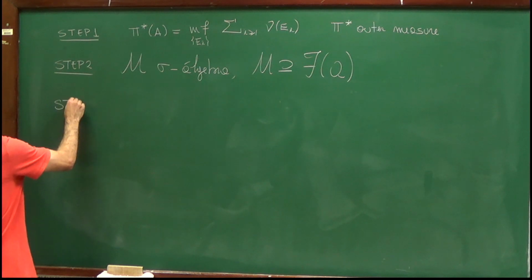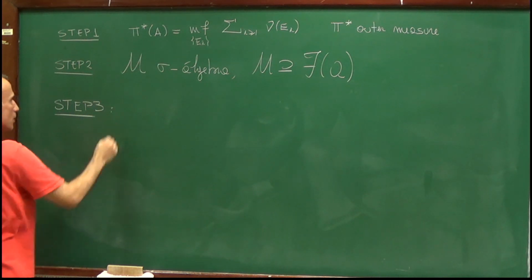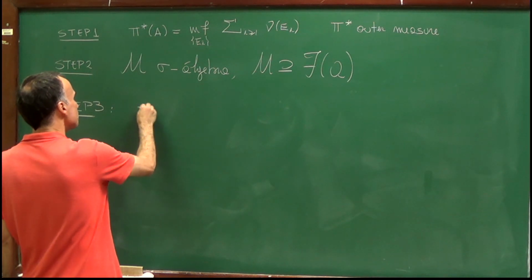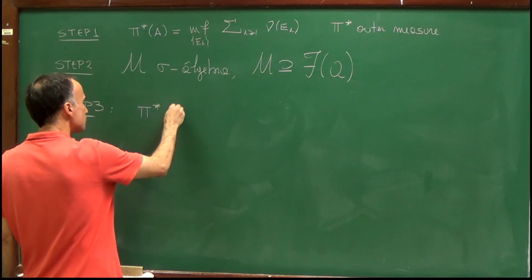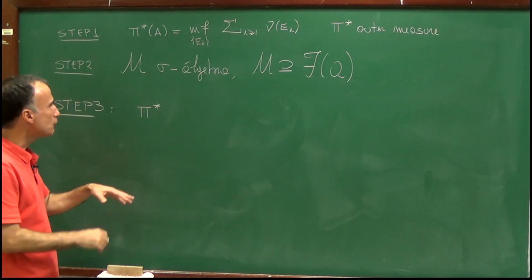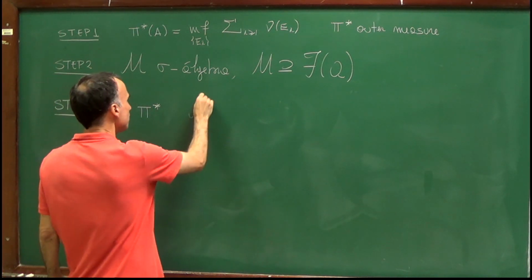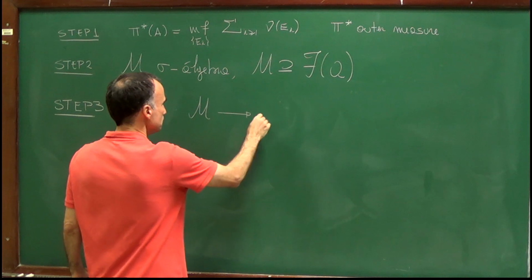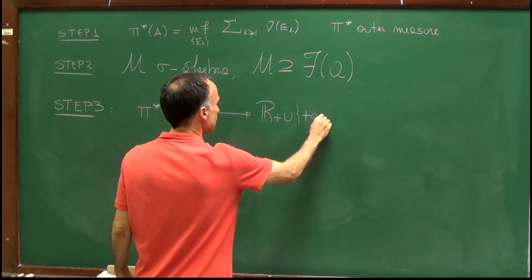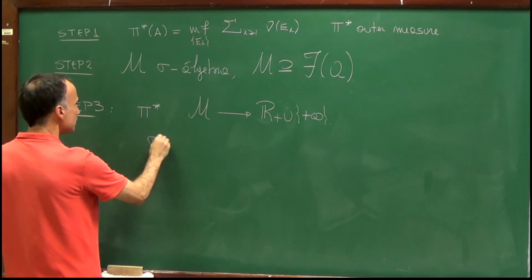So now the third step will be to show that P star has been defined for all subsets, but if you consider its restriction to M, then its restriction is sigma additive.